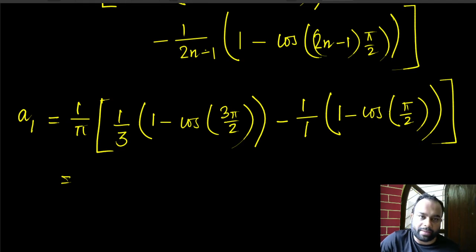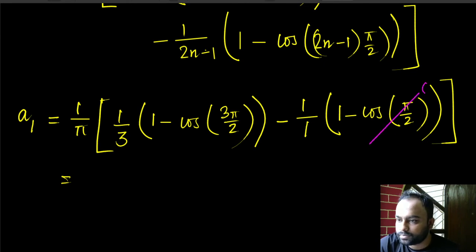So now tell me, what is cos pi by 2? All of you know cos pi by 2 is 0. What is the value of cos 3 pi by 2? That's also 0.